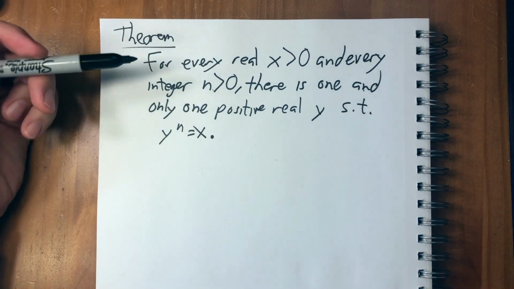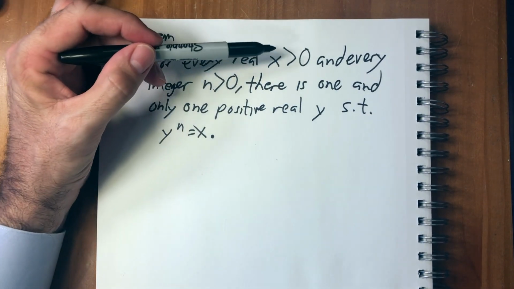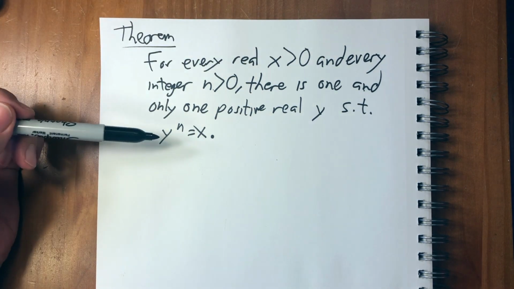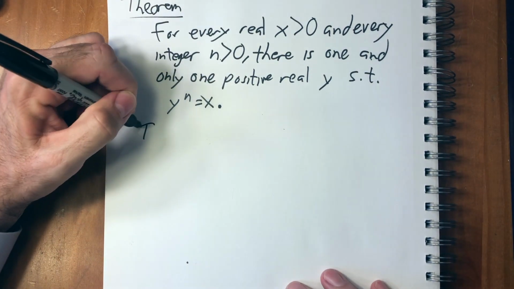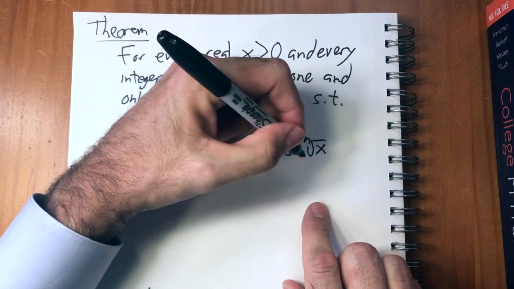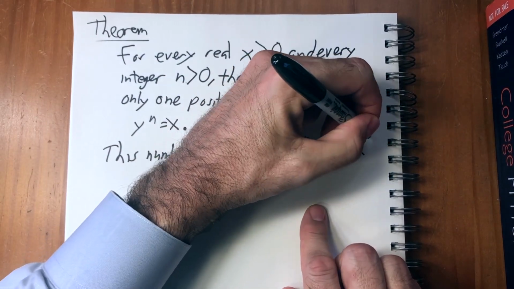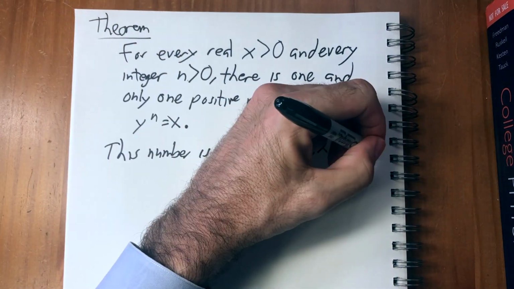In other words, every positive real has a root of every number, no matter whatever n is. So this number is written as the nth root of x, or x to the 1 over n.